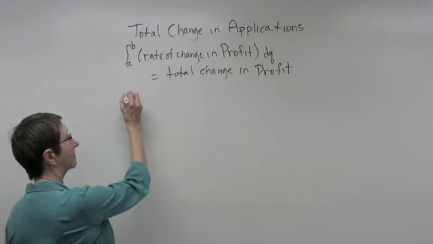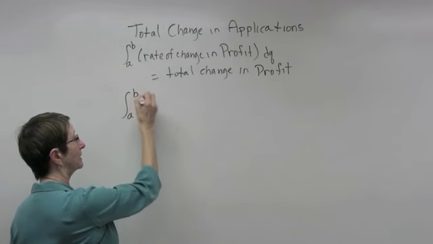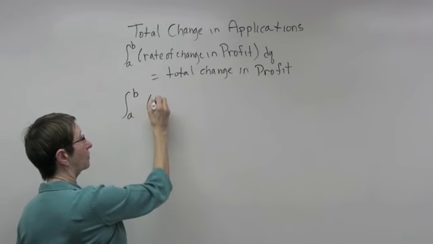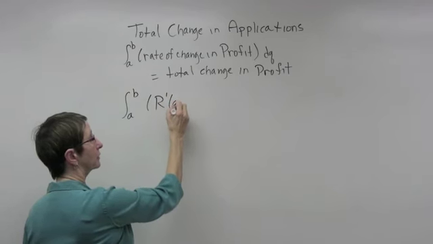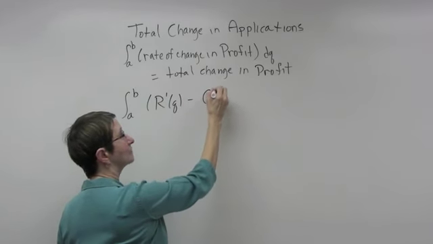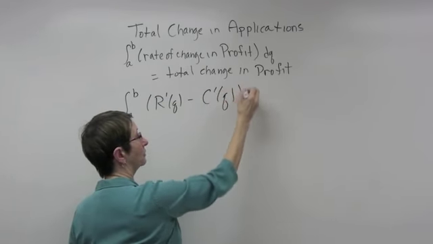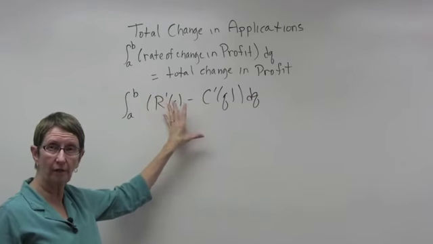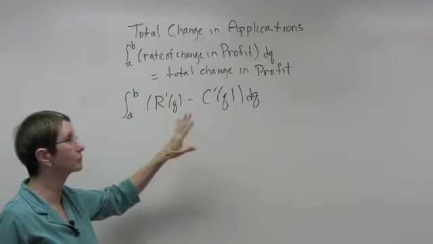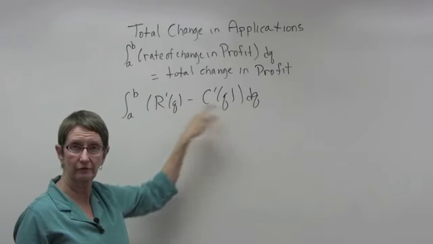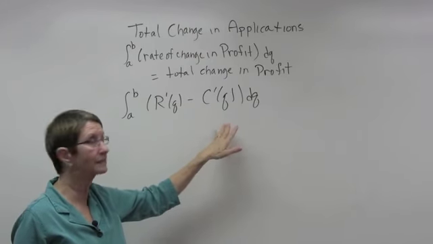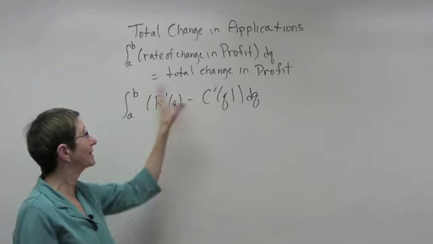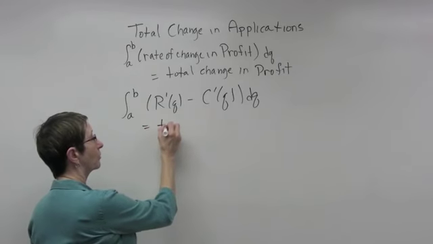So what you could have is the integral from A to B of revenue prime of q minus cost prime of q dq, because it would be the derivative of profit, which is revenue minus cost, which means the derivative of revenue minus the cost derivative. That would give us the total change in profit.